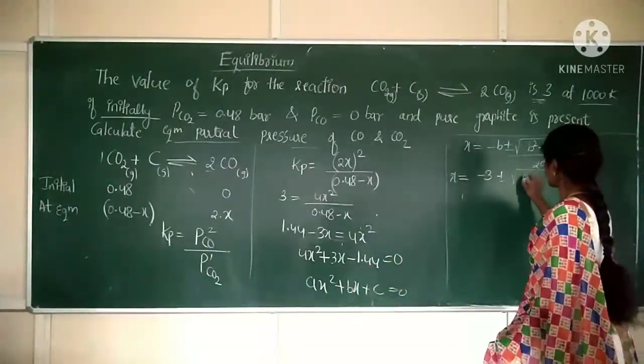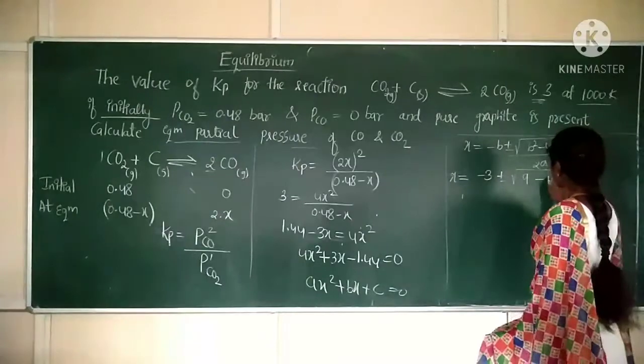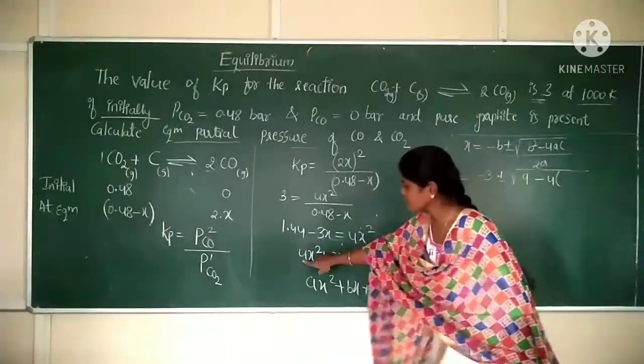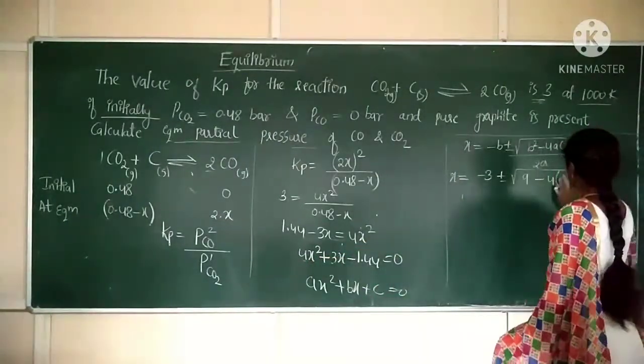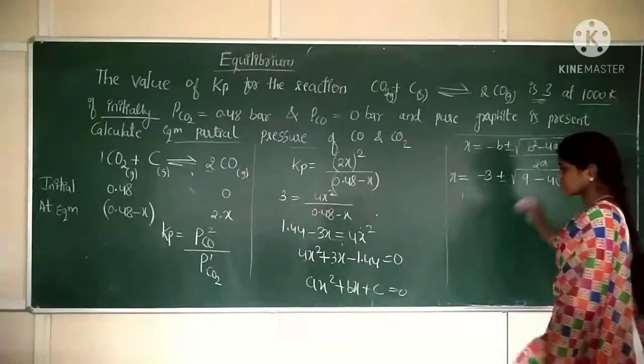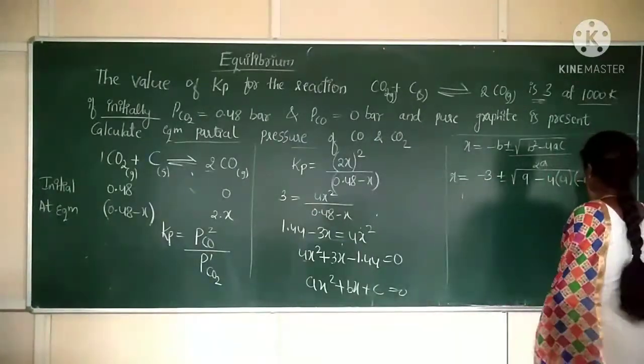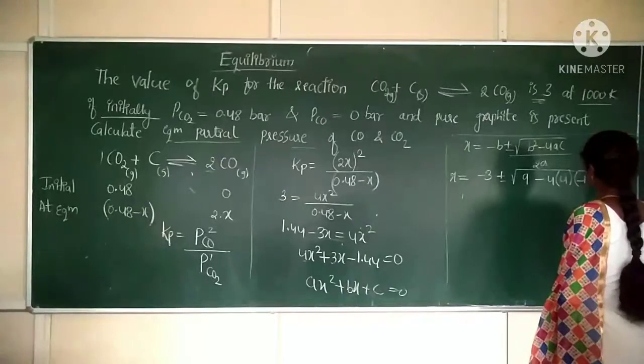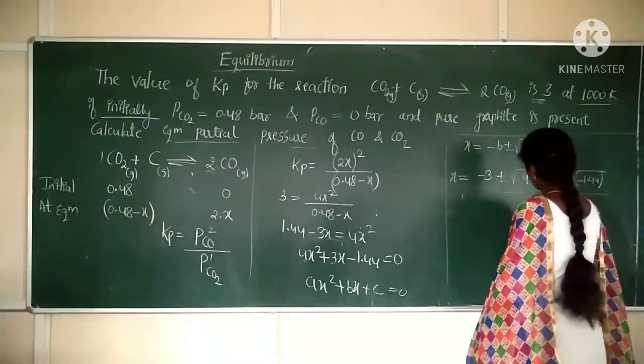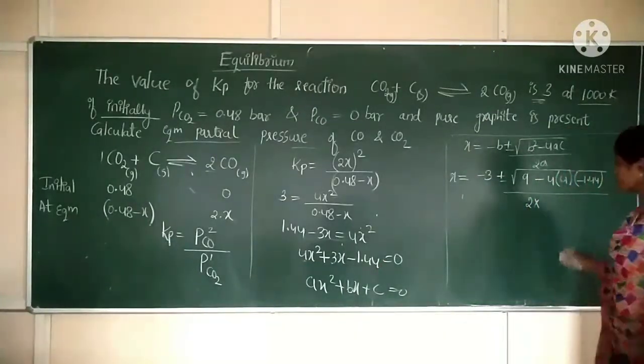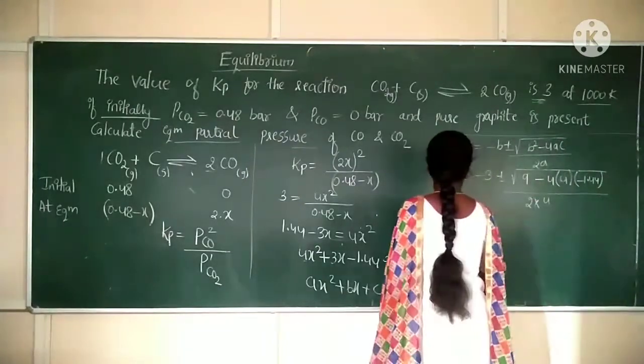3 square will be 9, minus 4 times a. What is the a value here? 4 is the a value. 4 into 4, and what is the c value? Minus 1.44. Correct? Divided by 2a, which is 2 into 4. So simplify it.